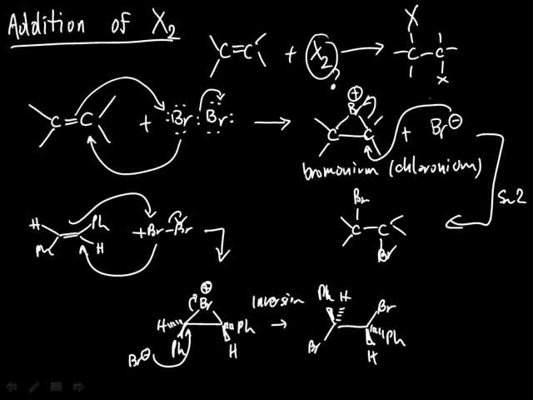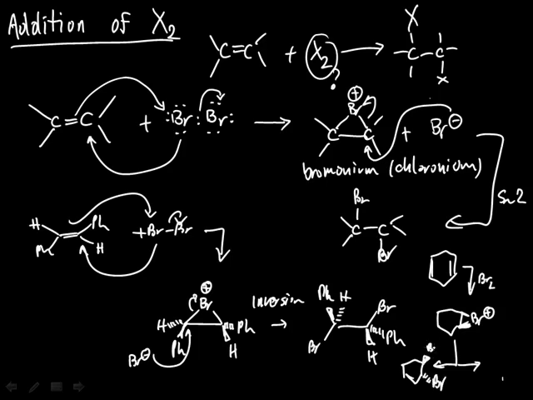Now, to illustrate this on the example of cyclic systems, first a molecule of bromine forms this bromonium ion, which looks like this, and this bromonium ion can now be opened from the opposite side to give us two possible enantiomers.